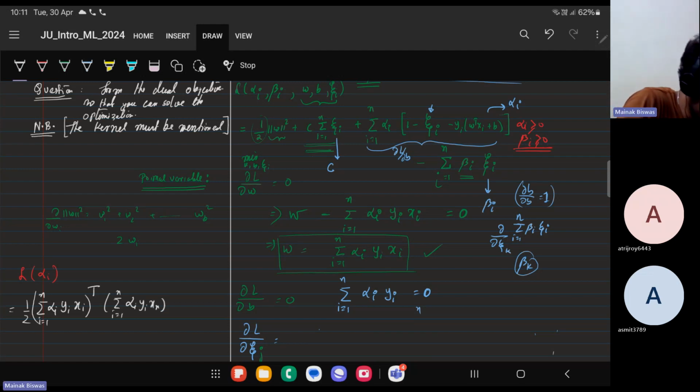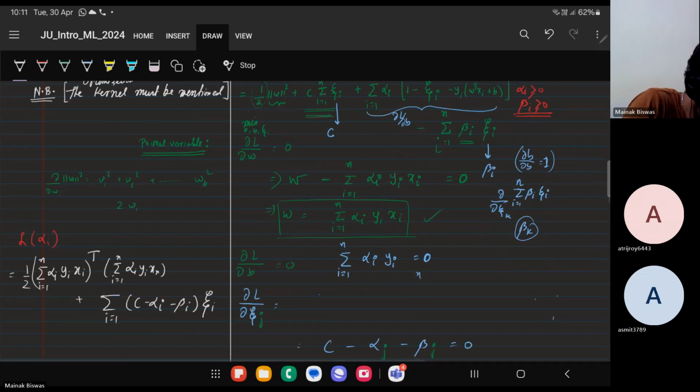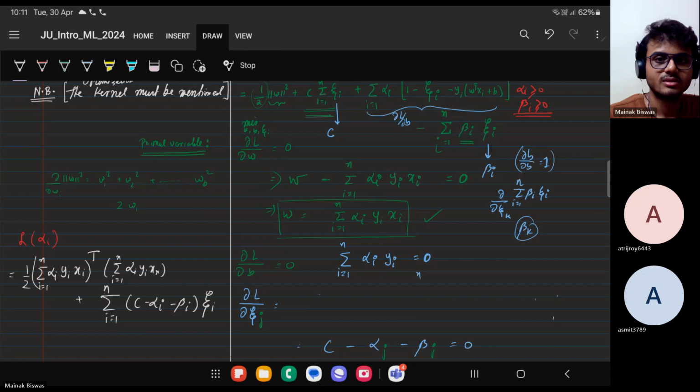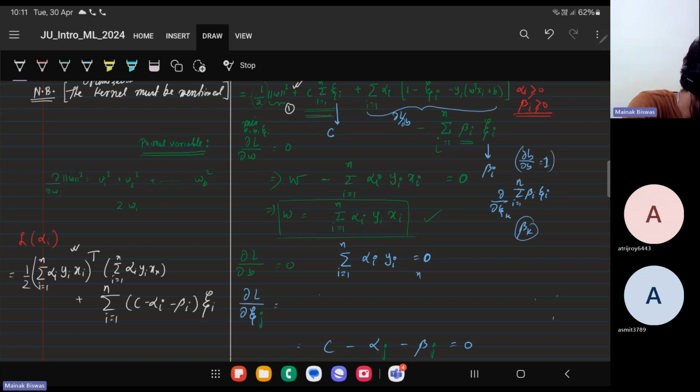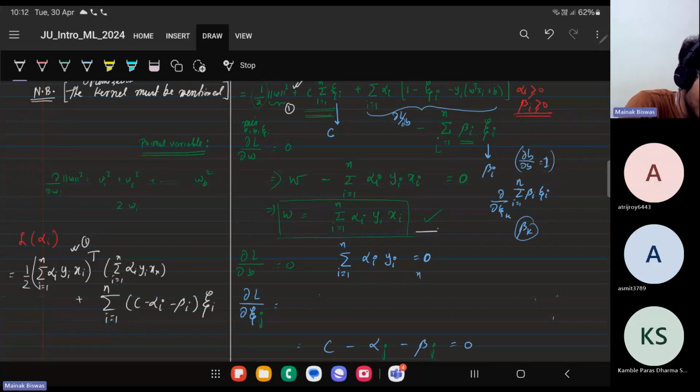This is the first term I will get, plus C minus alpha I minus beta I times xi I. Clear? So I took this term and I wrote here term 1. I'm just putting the value of W that I got from star.